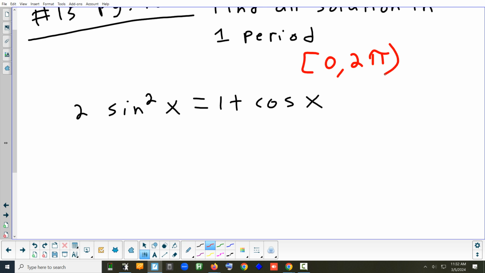Okay, so this one has an extra step. In the last problem, what was it already equal to for us? 0. It was already equal to 0. This one isn't. So what we want to do is get it equal to 0 first. How can I get it equal to 0?